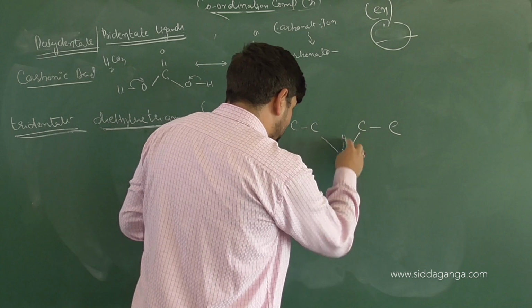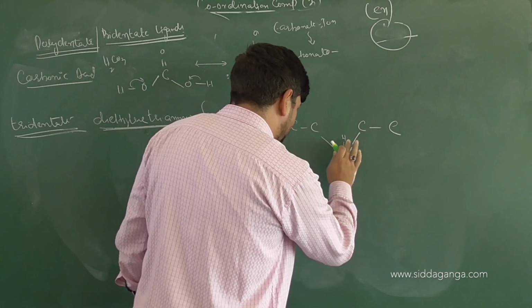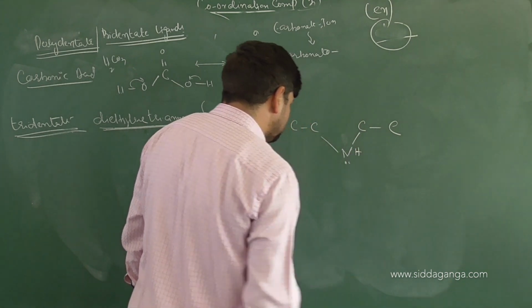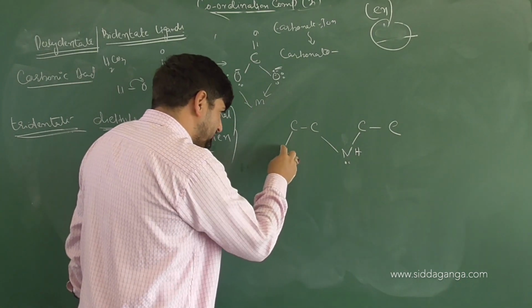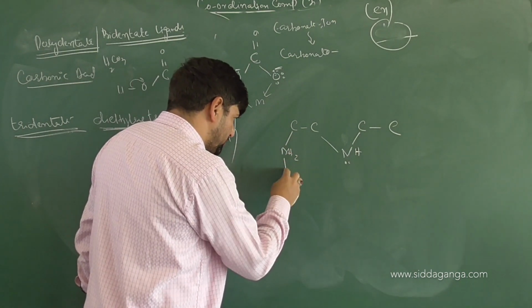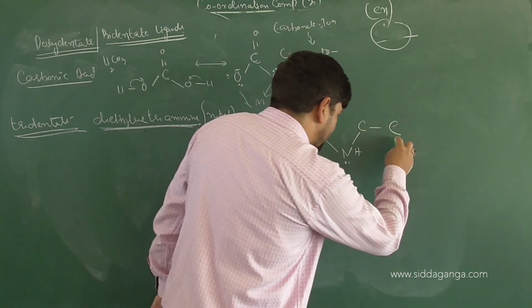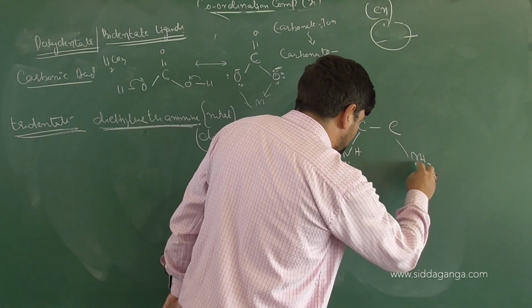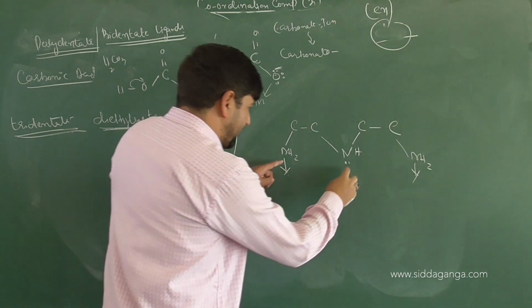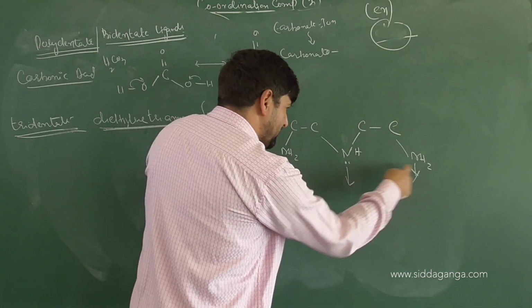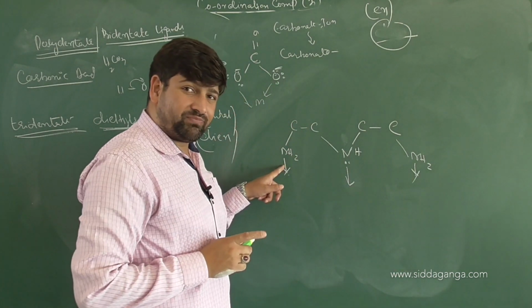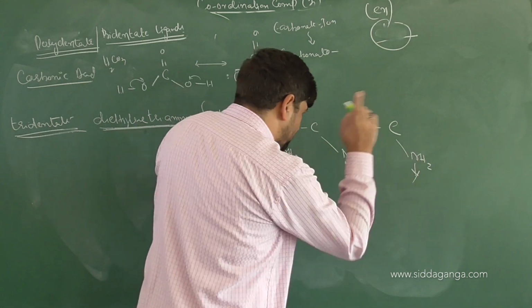There will be one hydrogen here. Nitrogen will be having one lone pair of electrons. I'll mention that hydrogen here now. This is attached to NH2, so the donating atom is nitrogen here. And this is attached to one more NH2, donating atom again nitrogen. So it can donate from how many places? 3 places. Again chelation can come into play or not? Yes or no?